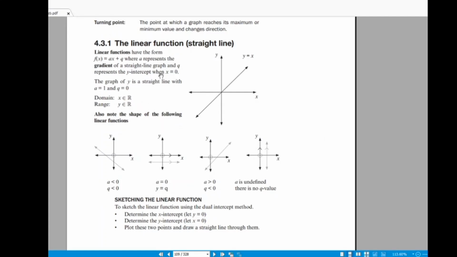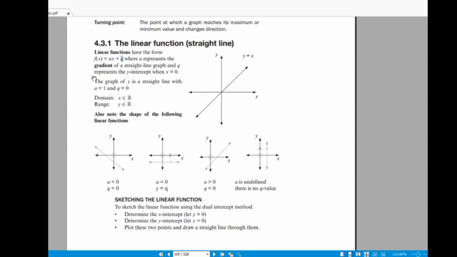It's just what I prefer. A linear function is in the form y equals mx plus c, where m is the value of the gradient and c is the y-intercept, right? So in this case, the value of the gradient is represented by a, and the y-intercept is q.